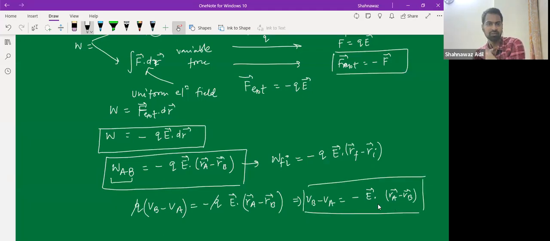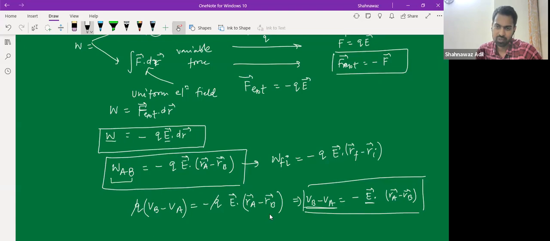Sir, minus won't get cancelled. Yeah, Q gets cancelled, minus would be there, because this is multiplication. So this is the relation between work done and electric field, and this is the relation between potential and the electric field.